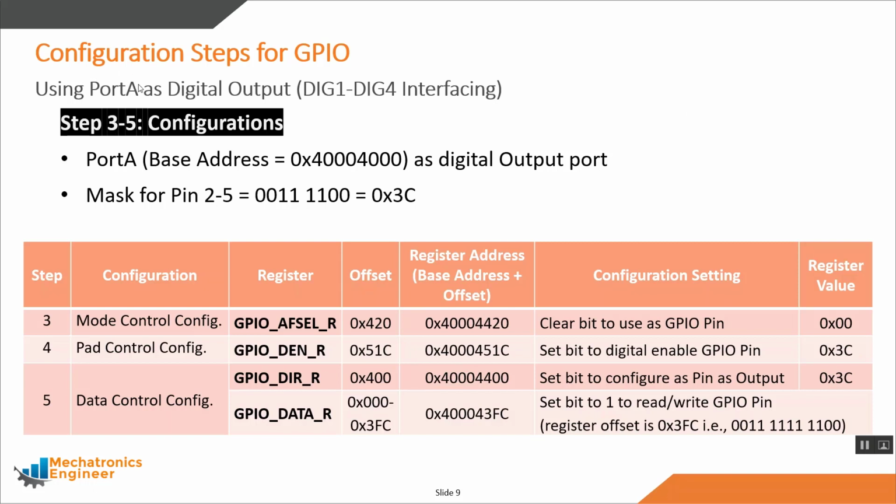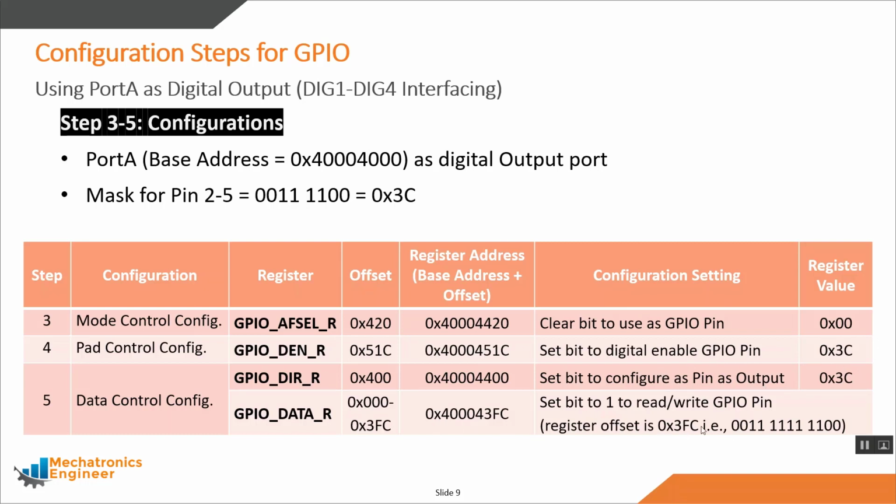The same steps have been performed for port A, as it is also used as a digital output for interfacing the digit selection. But we are only using pin 2 to pin 5, therefore the only difference is that now we are enabling only pin 2 to pin 5, and we are also setting pin 2 to 5 as digital output pins.